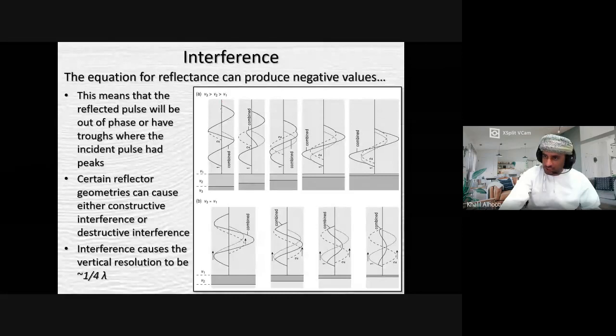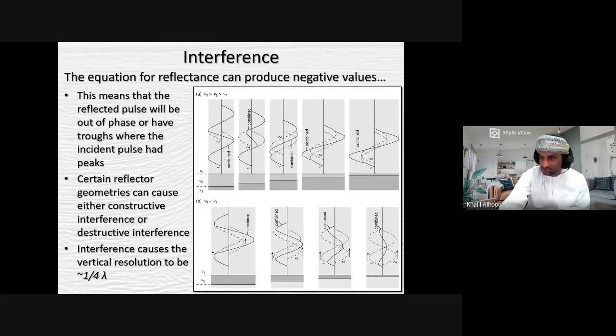An energy, a pulse is arriving to this interface, whereas there is another pulse coming from this second layer, which is this one. So this one is moving.